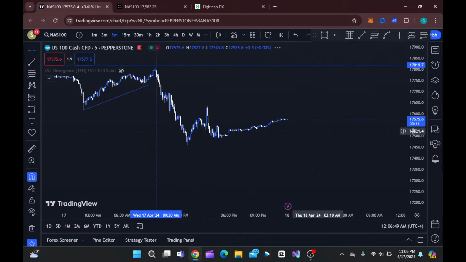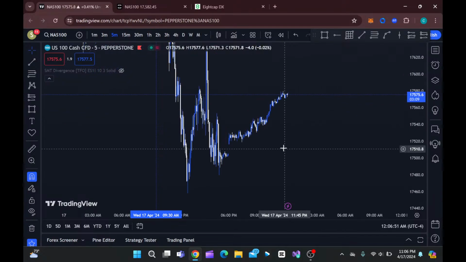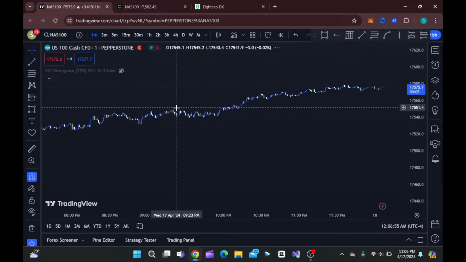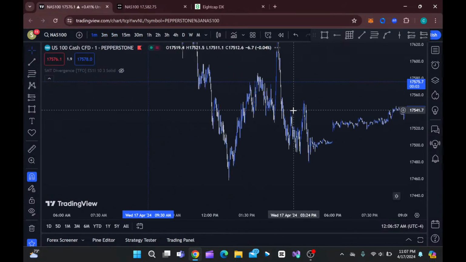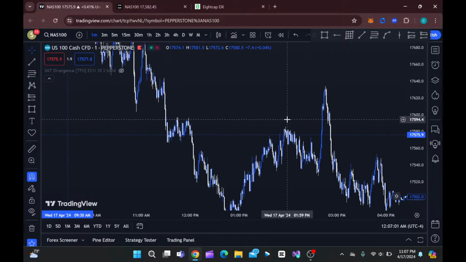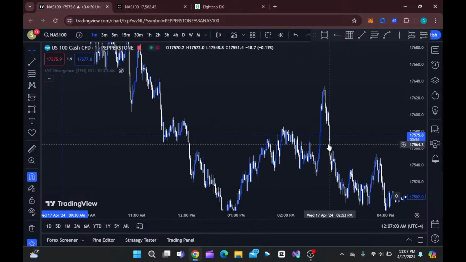But other than that, I don't really see much. There's these equal highs right here.